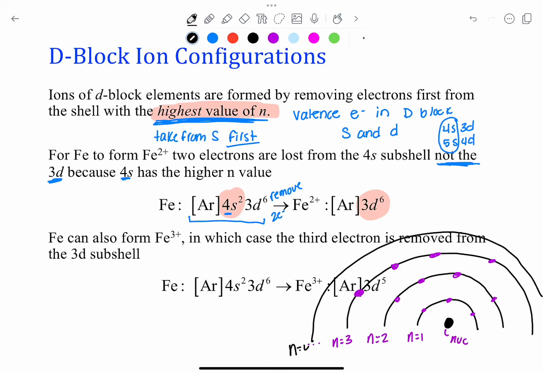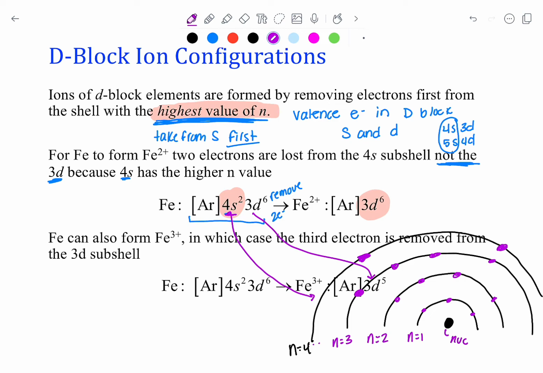Here's n equals 4. So in iron, I have 2 electrons in the n equals 4. That's our 4s2 electrons there, and that corresponds to here. Our 3d6 corresponds to this layer in here.